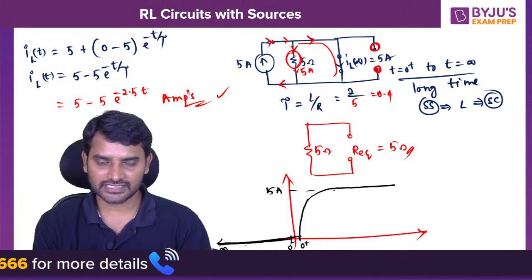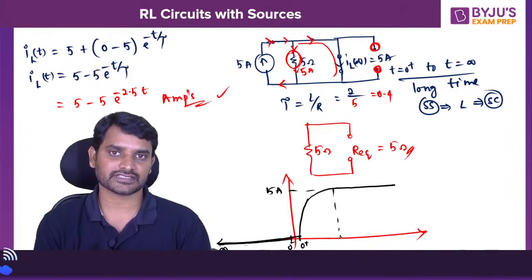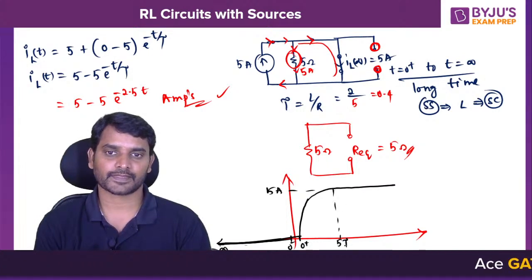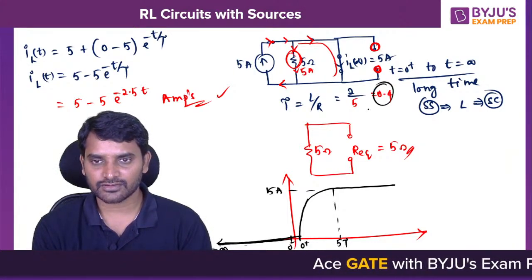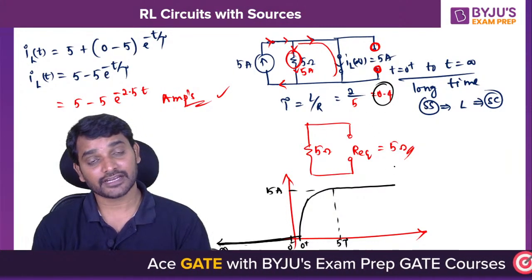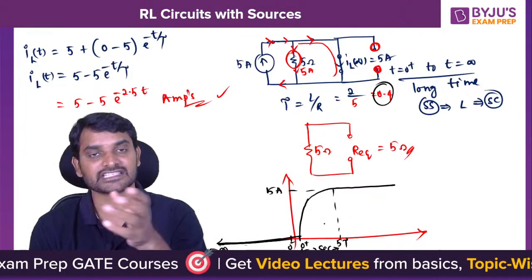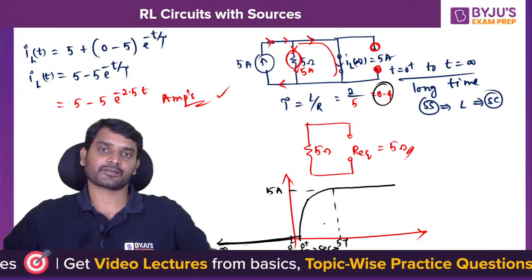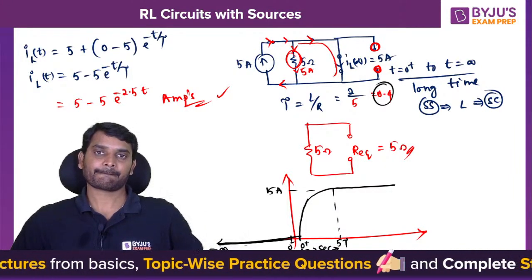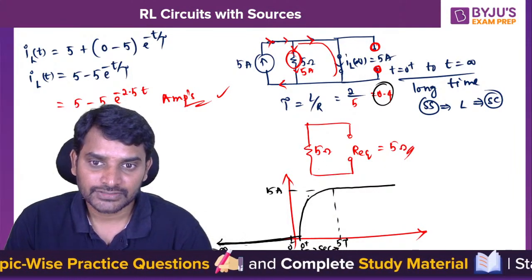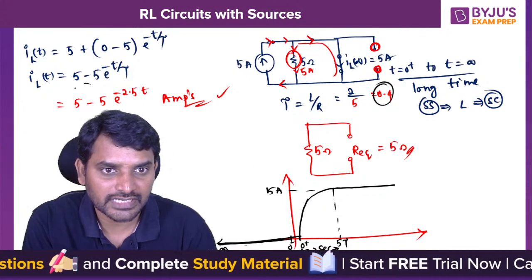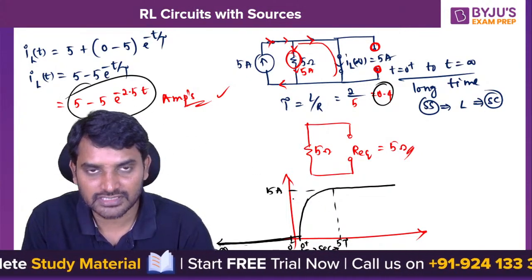And this will be achieved within 5 time constants. 5 time constants means 5 into 0.4, you'll get it as 2 seconds. Within 2 seconds it will reach 5 amperes. This is how the graph looks when you plot it.